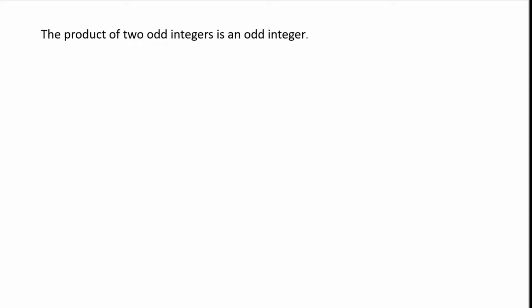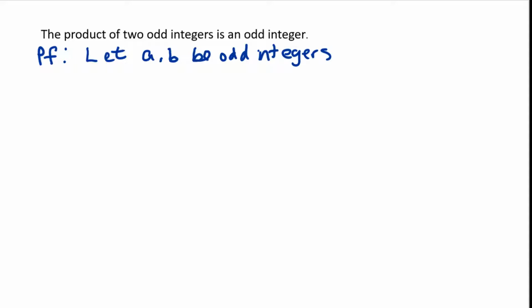So let's begin. To write a proof, we begin by writing PF to indicate that's what we're doing. And then we're going to take two arbitrary odd integers. So I'm going to say let A and B be odd integers. Okay?